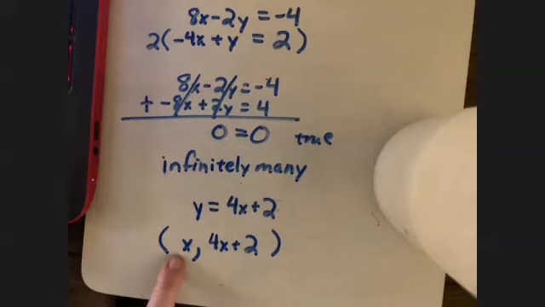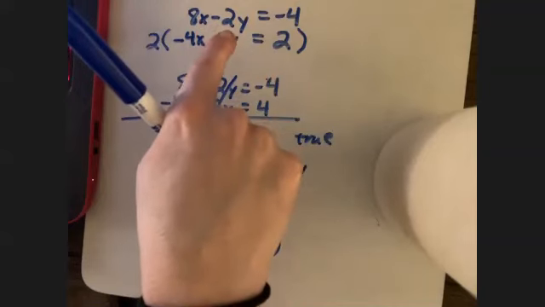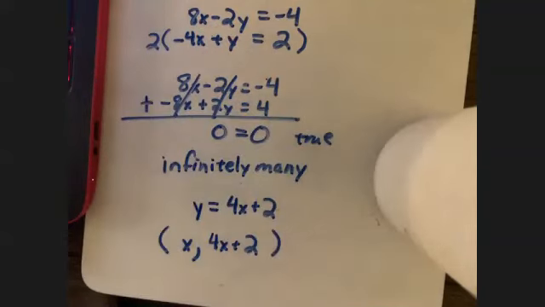Meaning you pick me an x. If I pick like 1, then when I plug in 1 over here, it has to be the number 6. And 1, 6 would be an ordered pair that works up here. If I pick something like negative 2, that would be negative 6, so negative 2, negative 6 would be plugged in, and that would be my ordered pair up there.